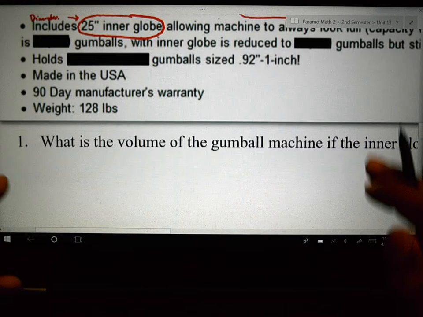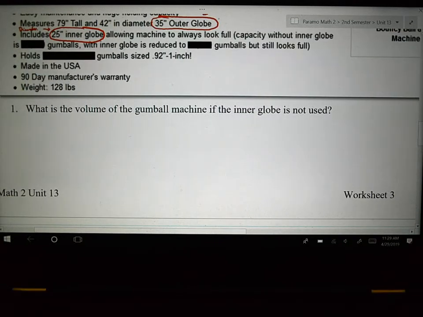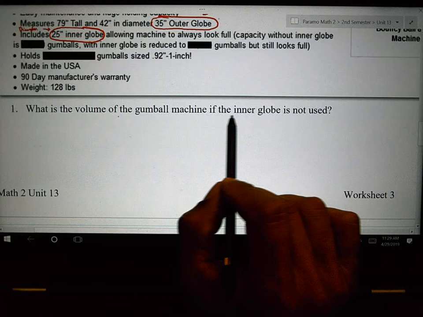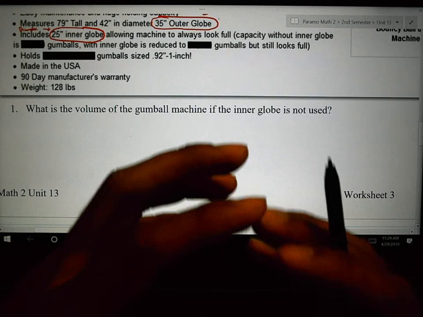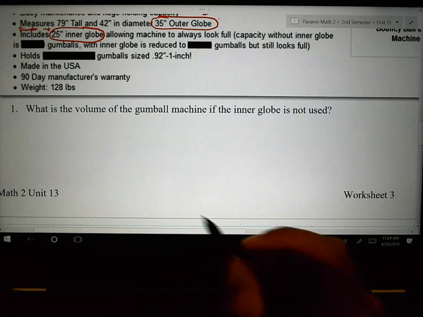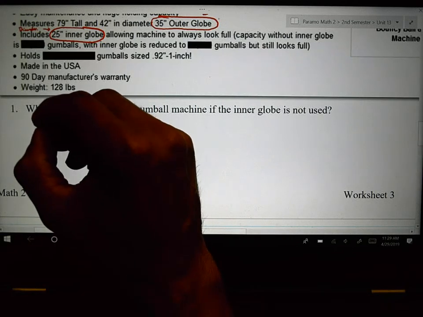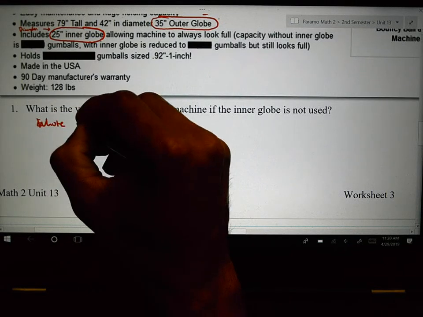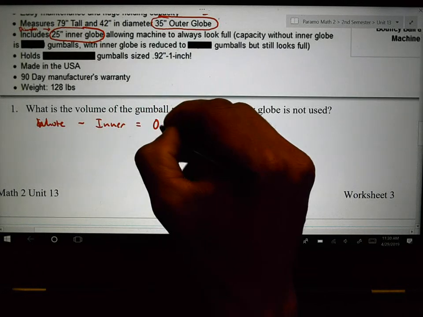Now, the question that they ask you, which is number 1, right underneath that big old thing on your worksheet, says, what is the volume of the gumball machine if the inner globe is not used? So that just means the outer globe without the inner globe. Let's say everything, the whole minus the inner will equal just the outer.